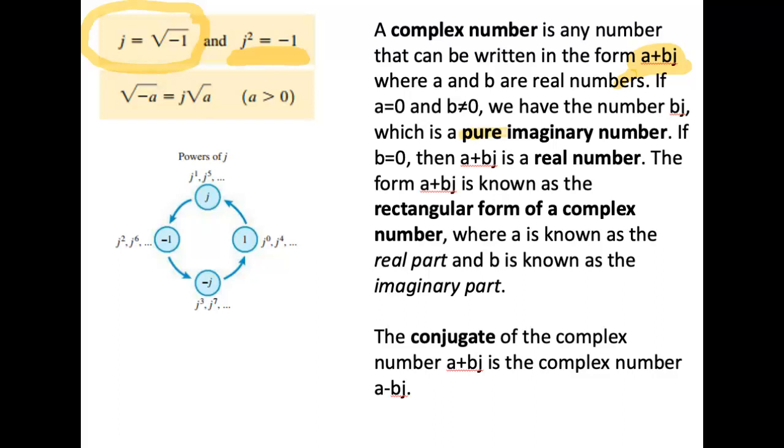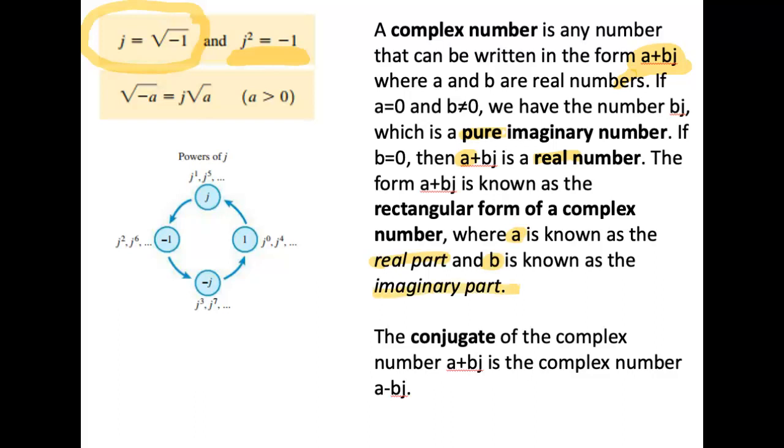If the value of b is 0, then the bj drops out and we have just a, and a is the real number. So a plus bj is known as the rectangular form of a complex number, where a is the real part and b is the imaginary part.